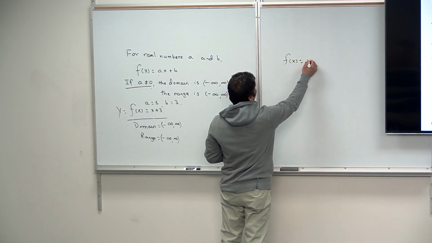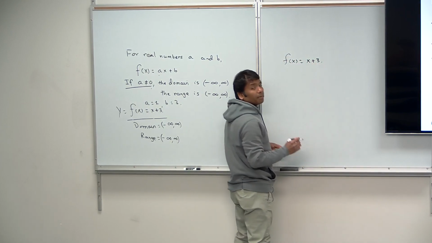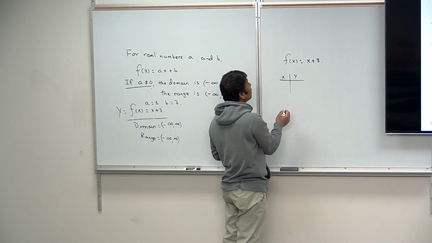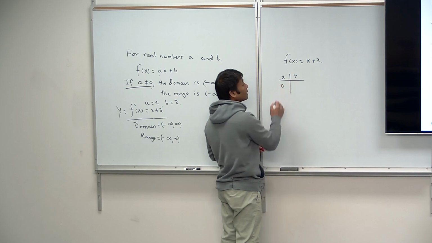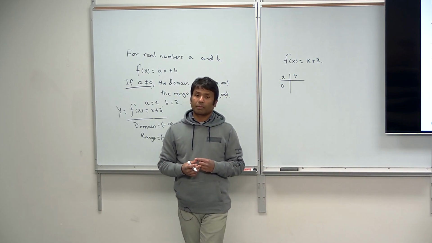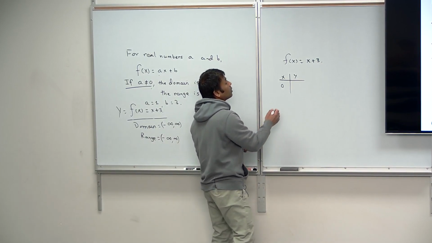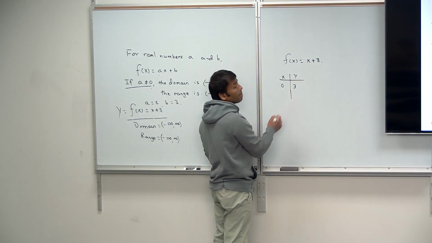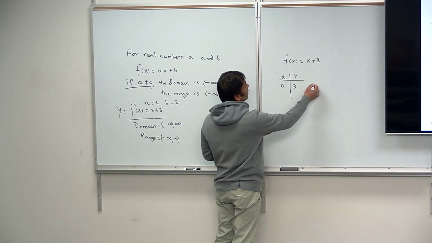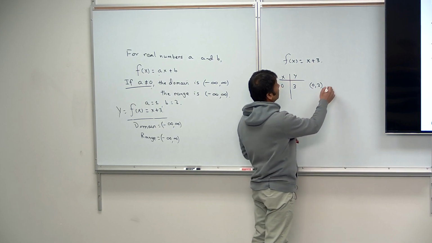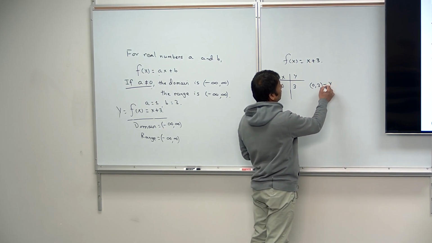So you have f(x) equal to x plus 3, and if you want to draw the graph, let's say I want to plug in x equal to 0. If I plug in x equal to 0, it will be 0 plus 3, which is 3. The point 0 comma 3 is the what?